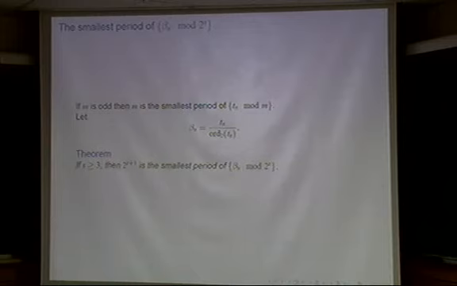Then using the formula I showed you, you can prove, using some elementary number theoretic calculation, that 2 to the s plus 1 is the smallest period of this sequence. So this is a partial answer for the even case.